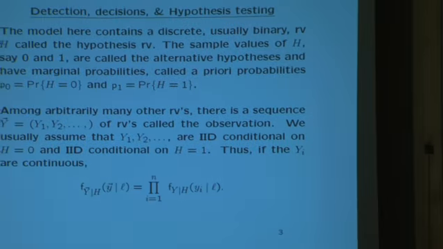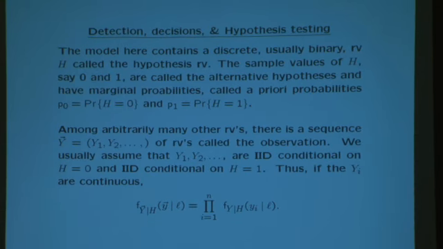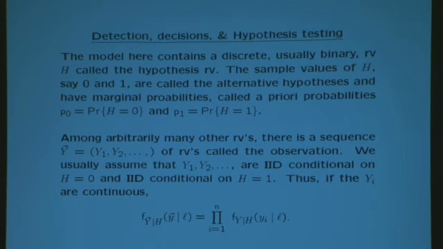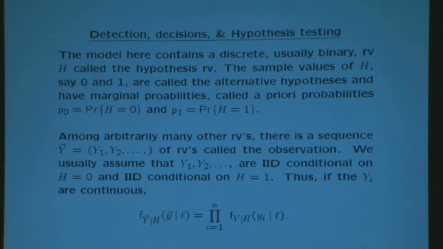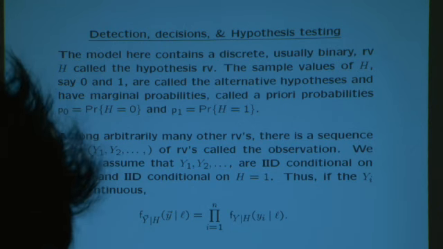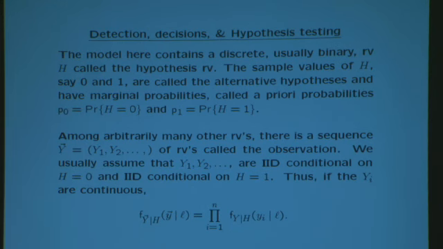The model we use for this, since we're studying probability theory, well, actually we're studying random processes, but we're really studying probability theory. You probably noticed that by now. Since we're studying probability, we study all these problems in terms of a probabilistic model. And in the probabilistic model, there's a discrete, and in most cases, binary random variable, H, which is called the hypothesis random variable.